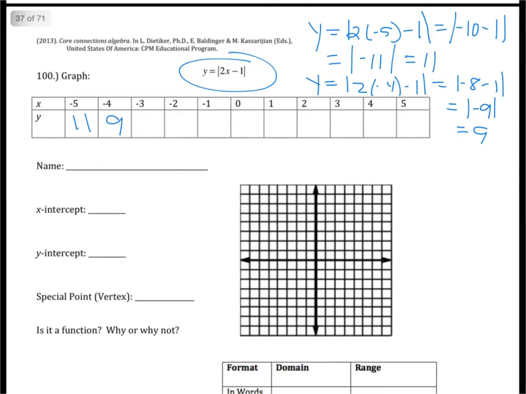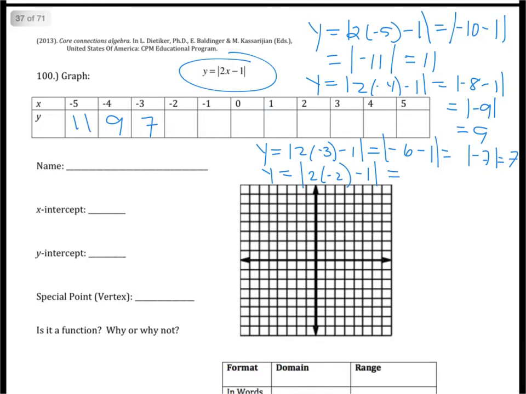If we do negative 3, y equals the absolute value of 2 times negative 3, take away 1. So negative 6, take away 1, absolute value of negative 7, which equals 7. Absolute value of 2 times negative 2, take away 1, equals the absolute value of negative 4, take away 1, the absolute value of negative 5, which equals 5.